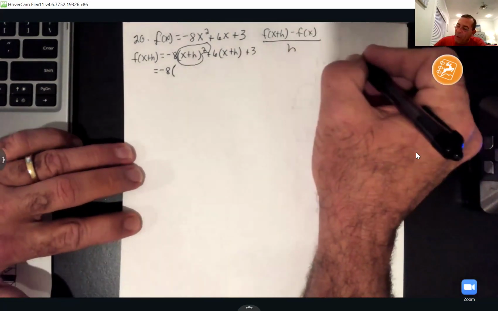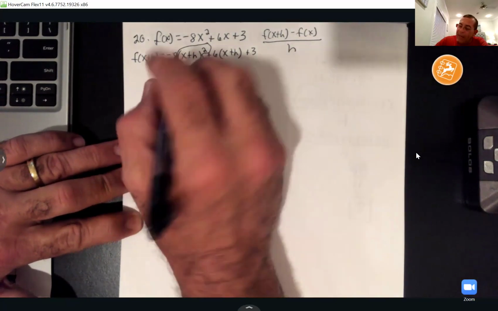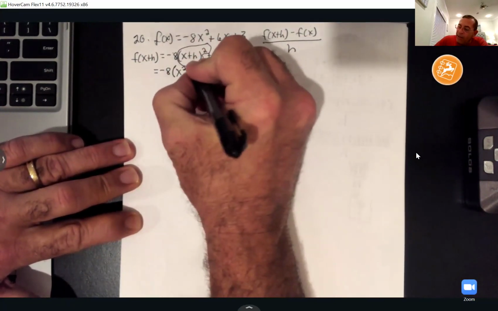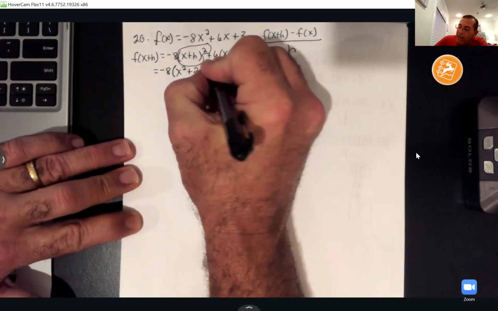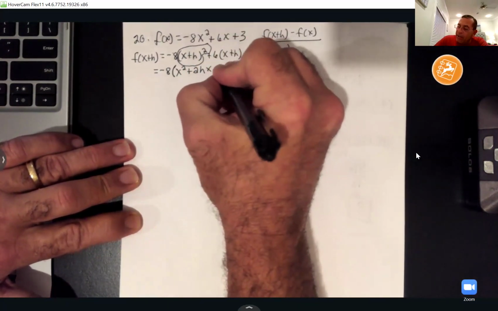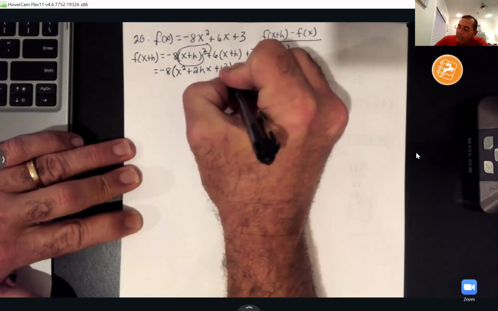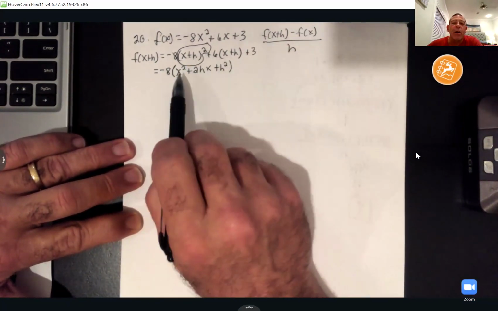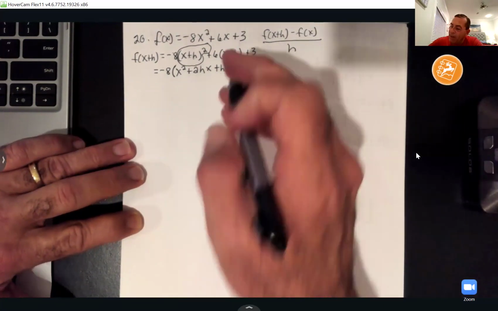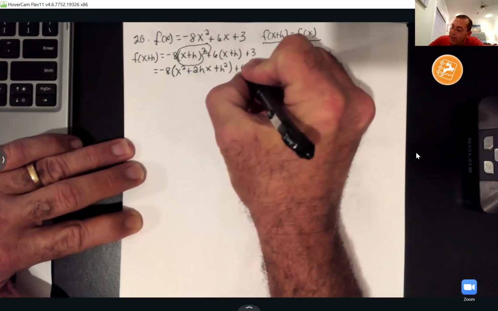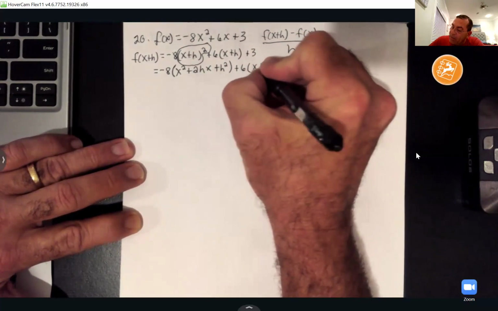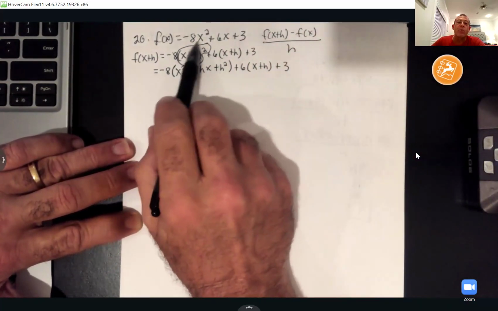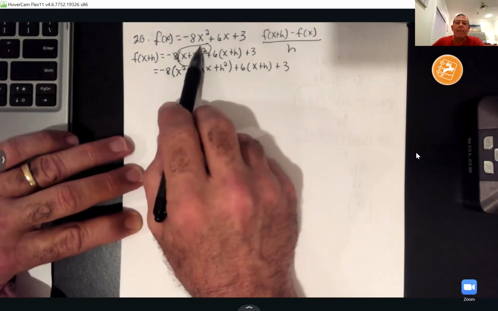Well, remember when we FOILed it out in our notes, we got an x squared plus 2hx plus h squared. Everybody will replace x plus h squared with this. Now I'm going to bring everything else down because all I did on that step was square that x plus h.